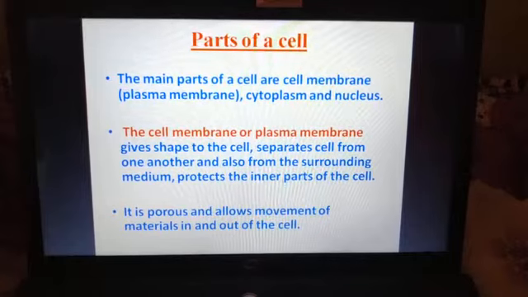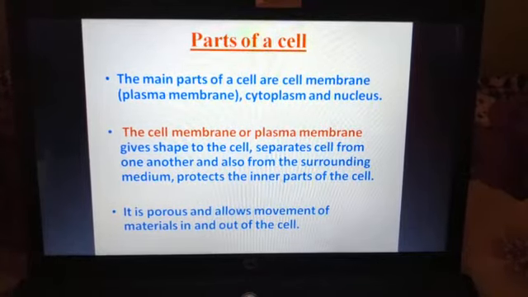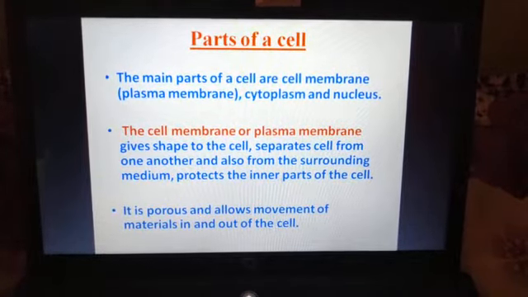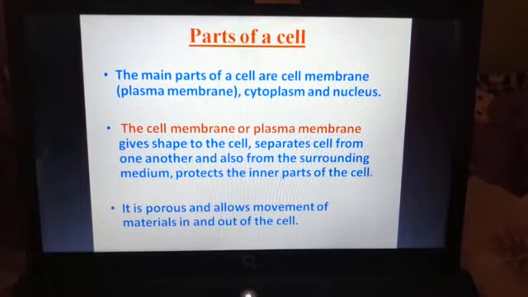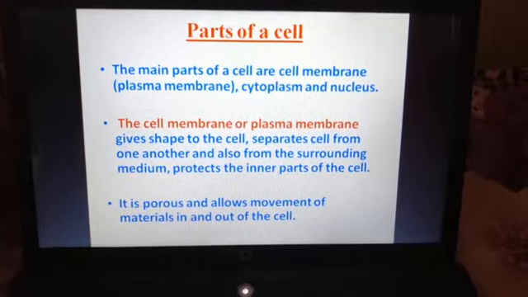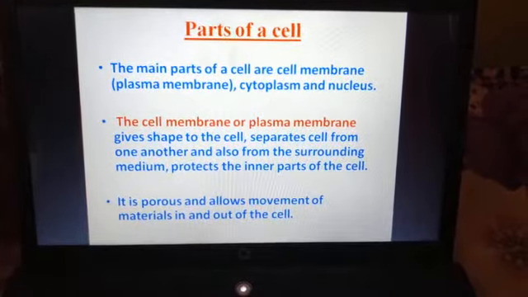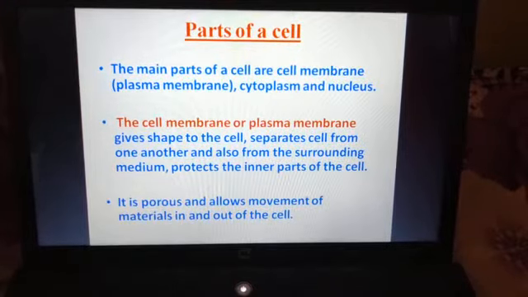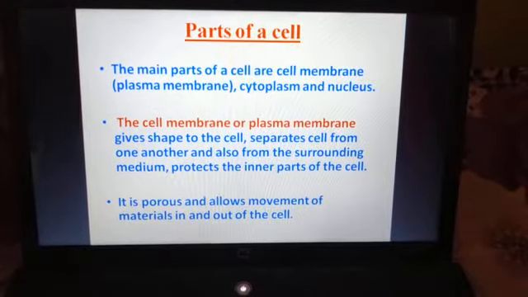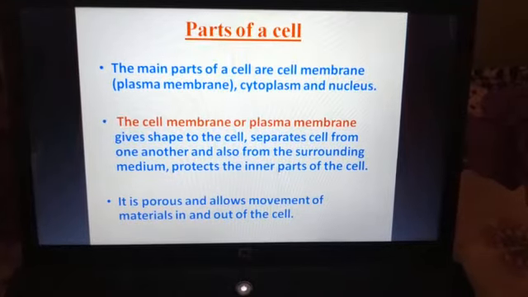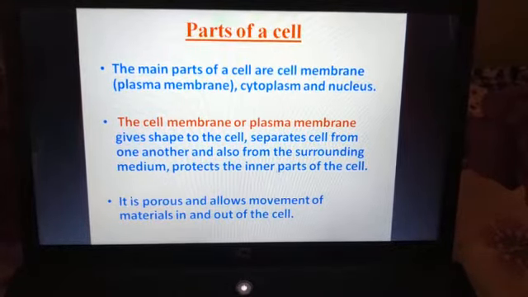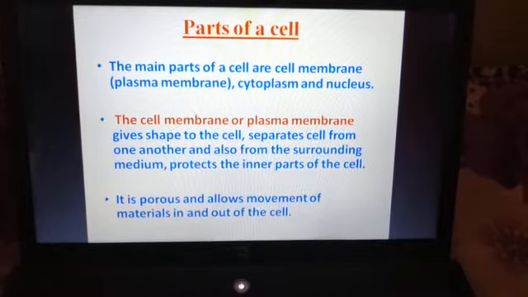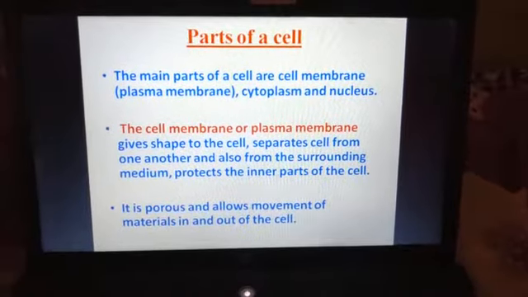The three main parts of a cell are the cell membrane or the plasma membrane, cytoplasm and the nucleus. The cell membrane, or we can also call it as plasma membrane, it gives shape to the cell. It separates the cell from one another and also from the surrounding medium.